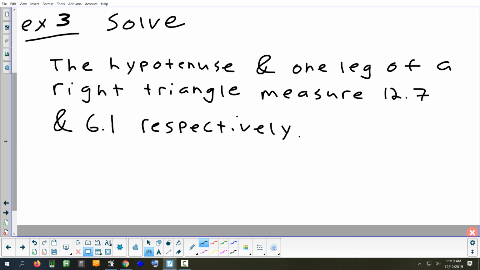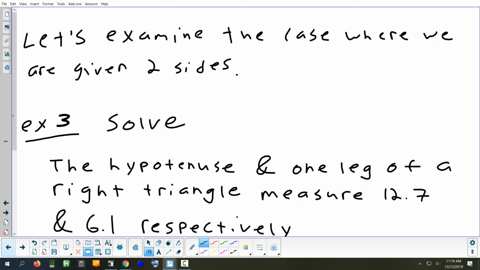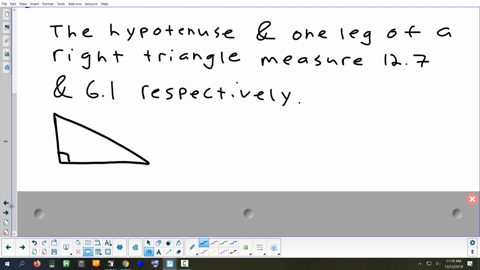Okay, let's draw that out. All right, so we'll put 12.7 here. We'll put 6.1 here. And we'll call that side A. What's this angle up at the top going to be? Angle on the right at the bottom? Beta.